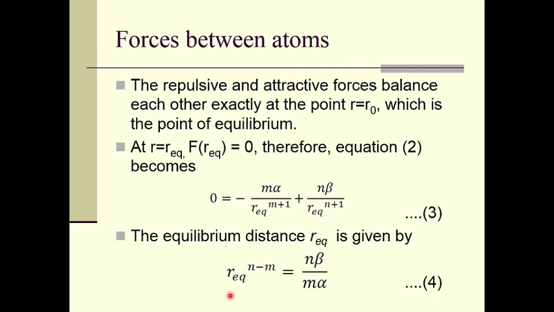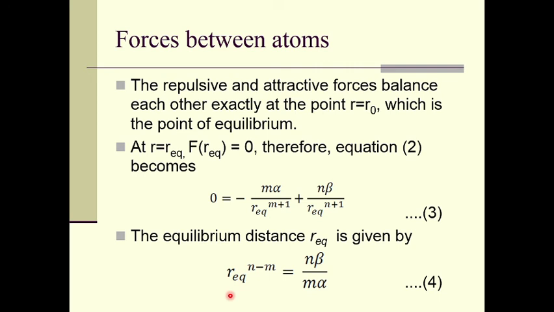In this lecture we have studied the different bonding mechanisms, the chemical bonding, what is meant by a chemical bond, and the different types. We have also studied the forces between atoms, what the forces are when two atoms come closer, and the variation in the potential energy.